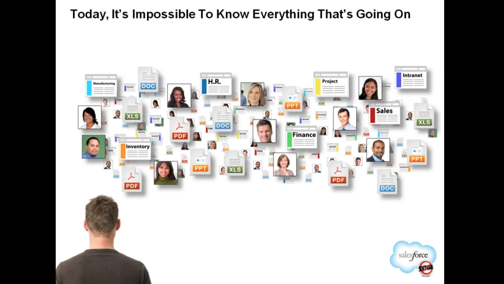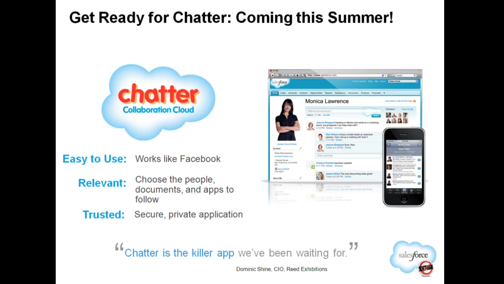You actually always have to go out and hunt for it, or inevitably you send out an email to your entire team asking for the latest version of a sales deck or a presentation or a spreadsheet. With Chatter, we are introducing a new type of enterprise collaboration. And it's coming this summer to all customers in all orgs at no charge.